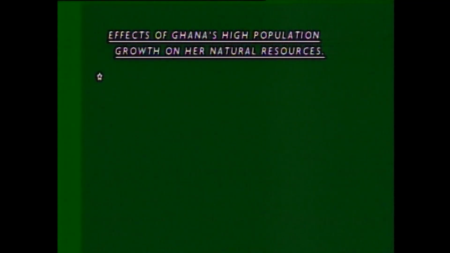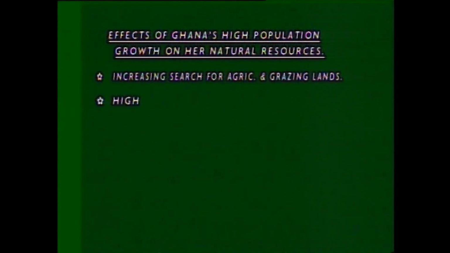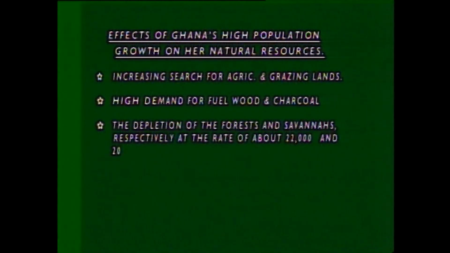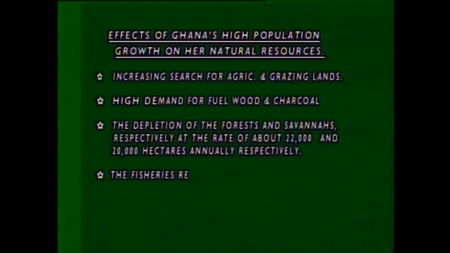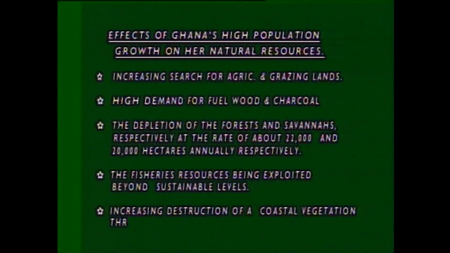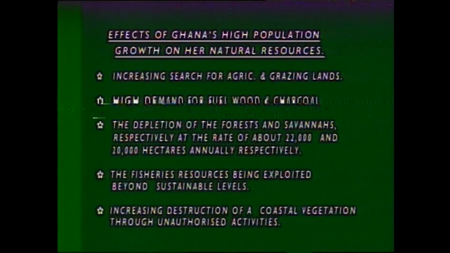Effects of Ghana's high population growth on her natural resources. Increasing search for agricultural and grazing land. High demand for fuel wood and charcoal. The depletion of the forests and savannas respectively at the rate of about 22,000 and 20,000 hectares annually.